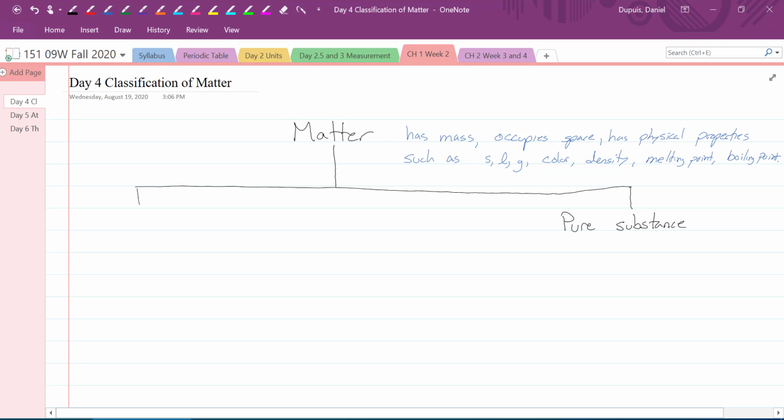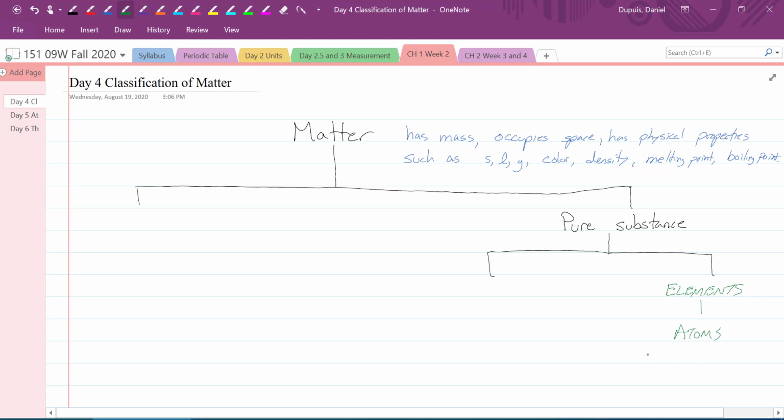What's a pure substance? Well, that can be broken down into two different things as well. We have elements. Elements, that's the periodic table, which are composed of atoms.